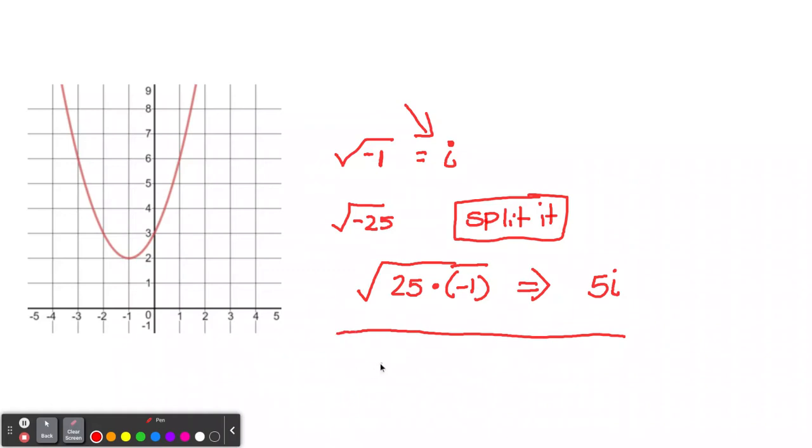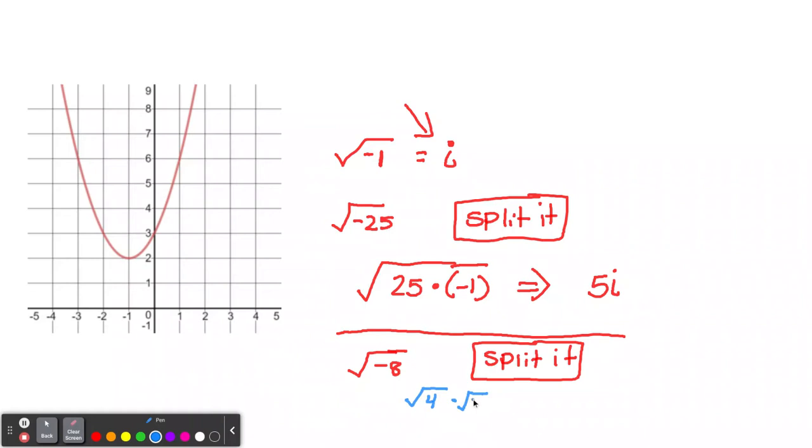Well, let's do another one so you can get it. What if I had the square root of negative 8? What do you think? Can you do that based on what I've done before? Well, first we want to split it up. So if you want to pause the tape. So let's look at the square root of 8. Now remember, with square roots in general, we can split this up, right? We can have the square root of 4, and we can also have the square root of 2.